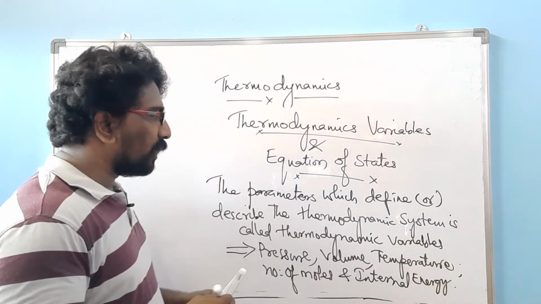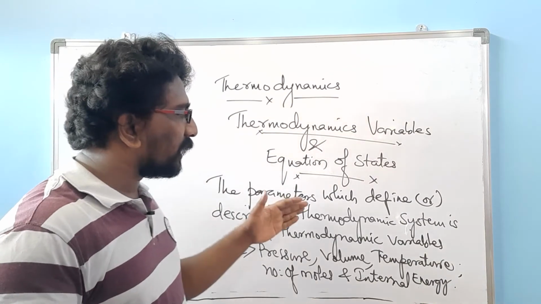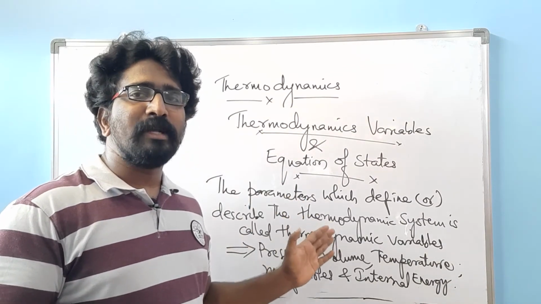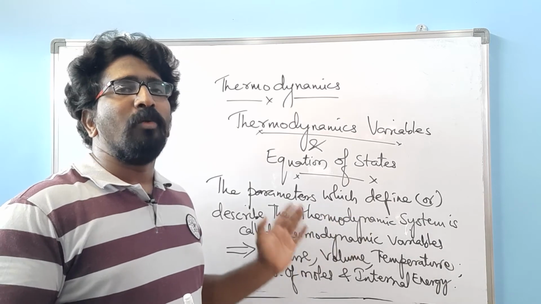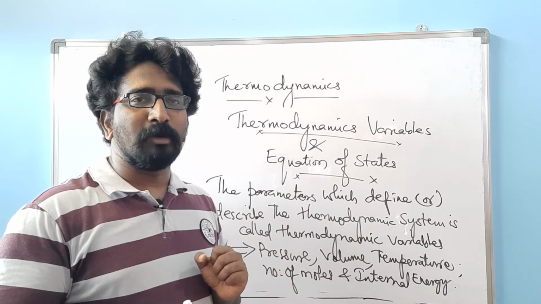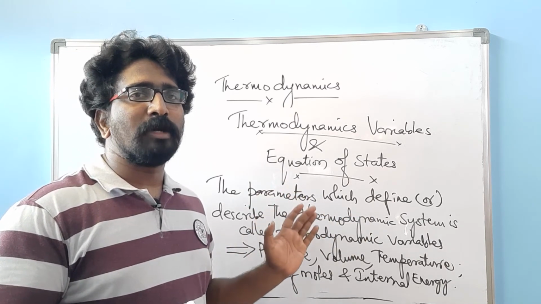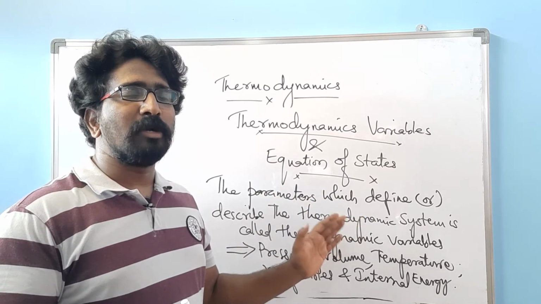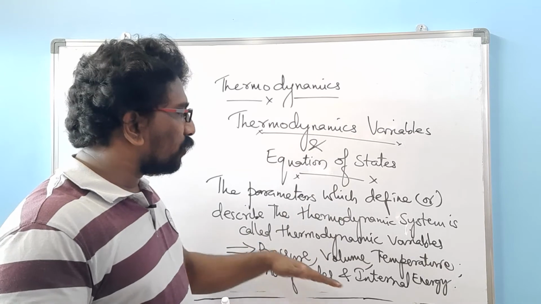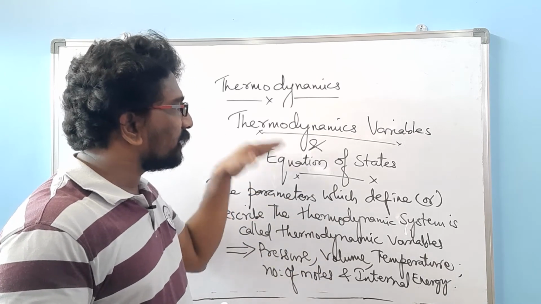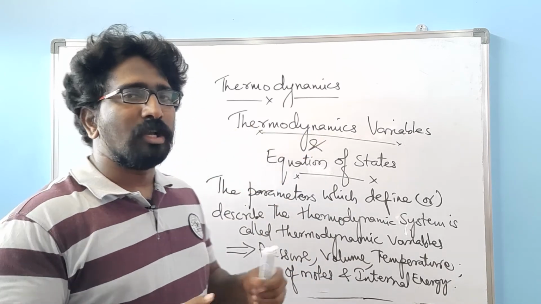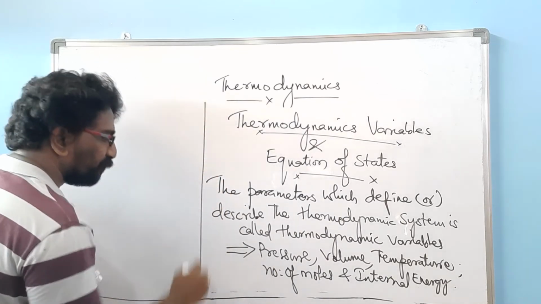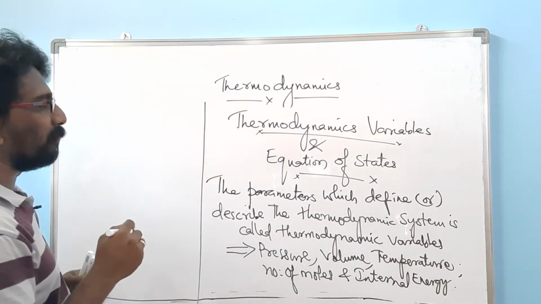Now the thermodynamic variables are nothing else but the parameters which define what kind of system that particular thermodynamic system is. So whenever a parameter or variable defines the thermodynamic system, we call those parameters thermodynamic variables. Now let us see the relationship between these thermodynamic variables.